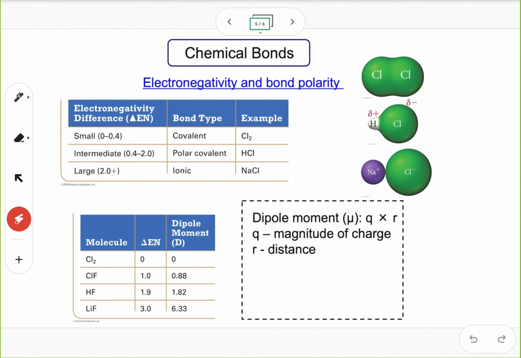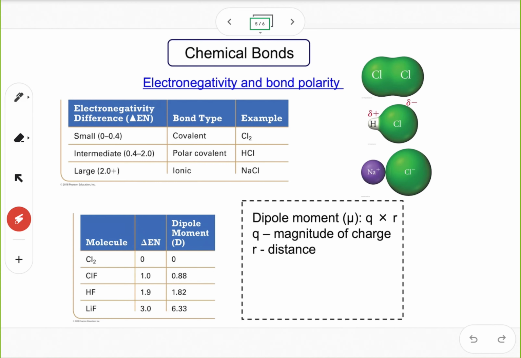Therefore, you generate cations and anions. You form an ionic bond, like sodium chloride. Okay, so they are not sharing electrons, and instead form cations and anions. Of course, an ionic bond is going to be polar, no doubt about that.